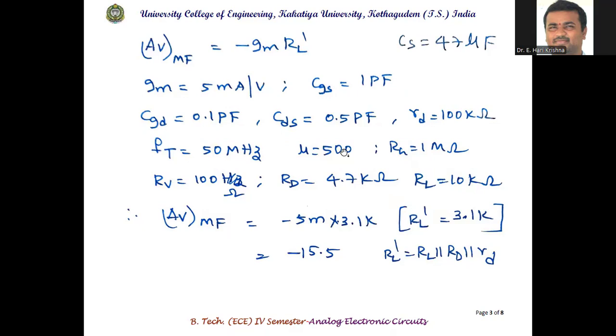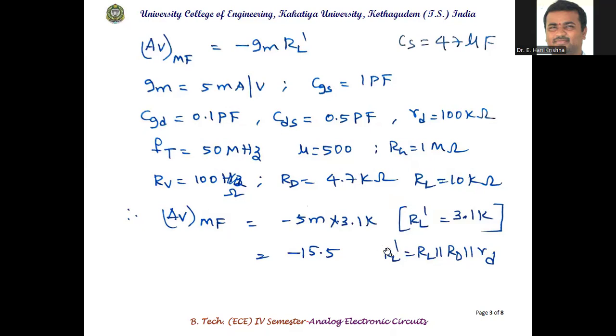Mu is 500. Mu is actually gm multiplied by rd, that value is 500. And RG is 1 mega ohm. Rs is 100 ohms. External resistor RD is 4.7K, and load resistance is 10K.